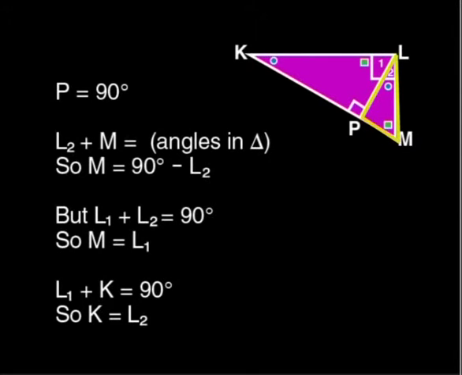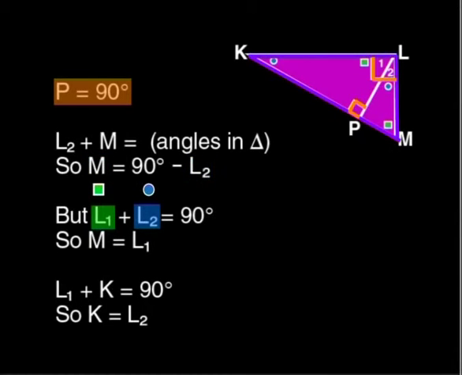We know that angle at P is 90. And so L2 plus M is 90 because of sum of angles in a triangle. So M must be 90 minus L2. But angle L is also 90 in triangle KLM.